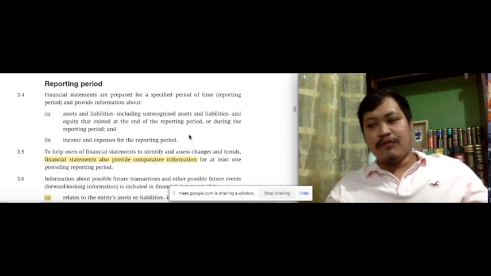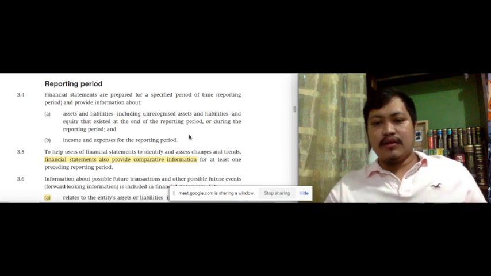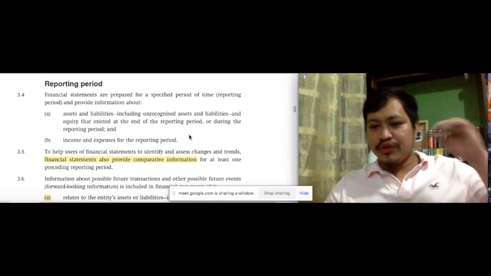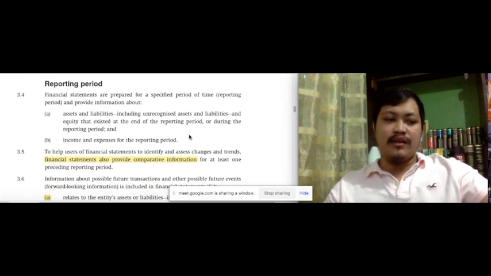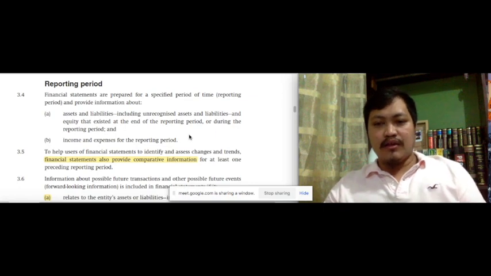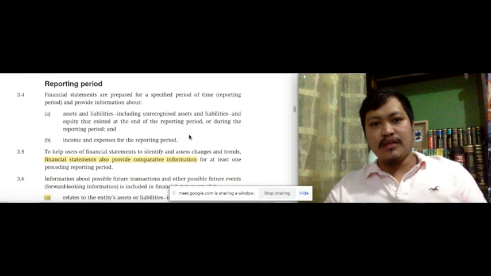If you include transactions that are not applicable only to our reporting entity, then the information contained in our financial statements would ultimately be misleading, class. It will not give us the financial position or the financial performance of this particular reporting entity. And in that case, the information will not be useful anymore.